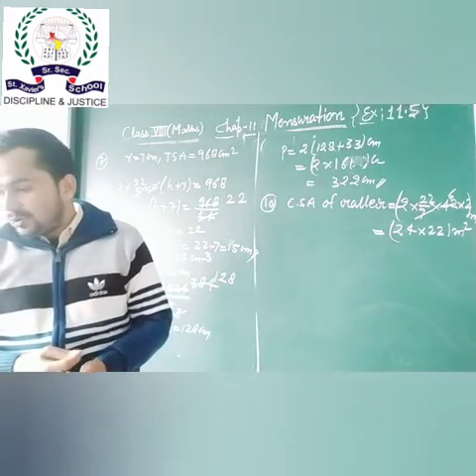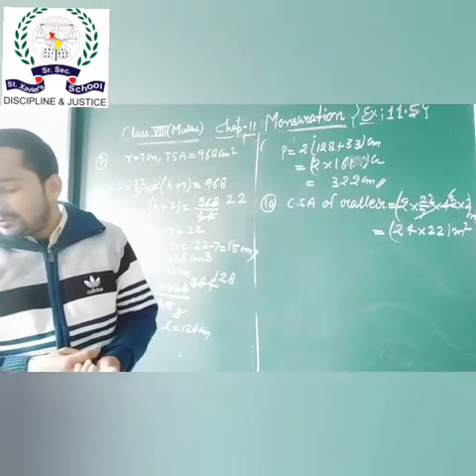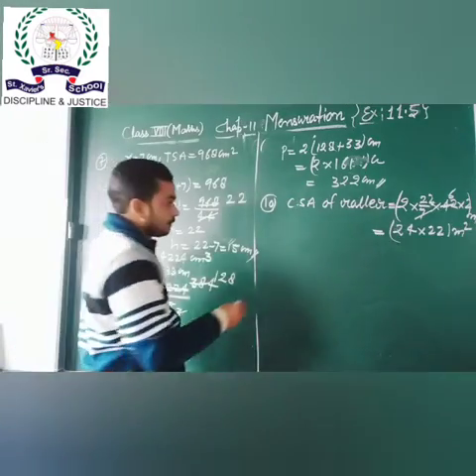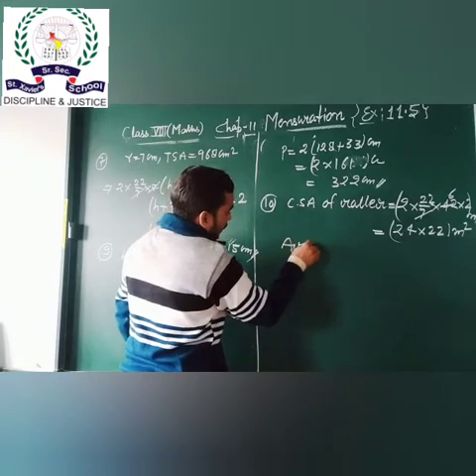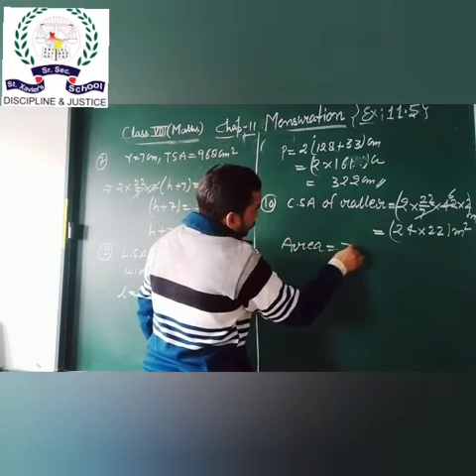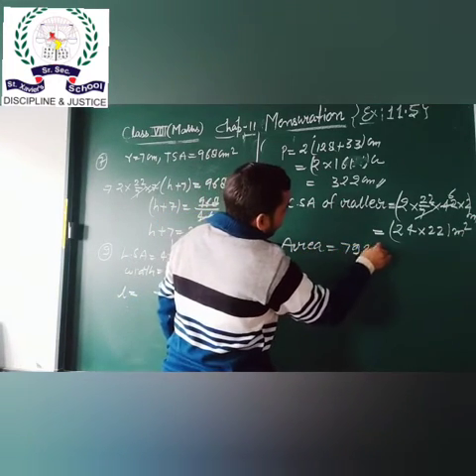Then area is given, find out the number of revolutions. Area is given 7920 meters square.